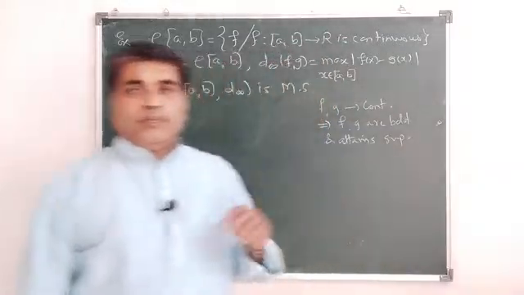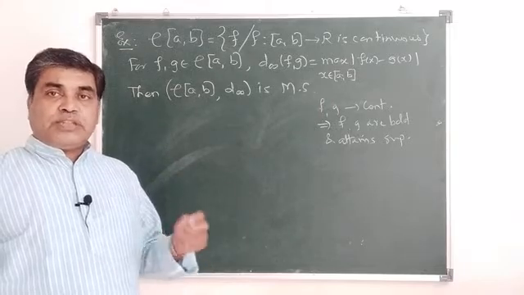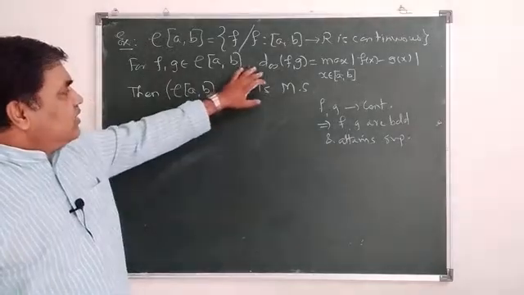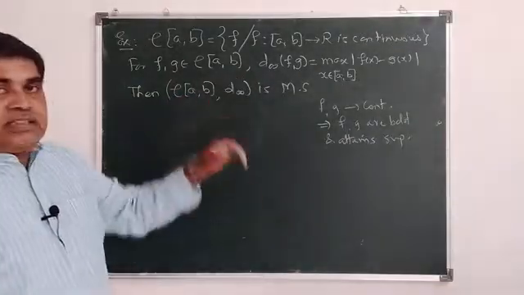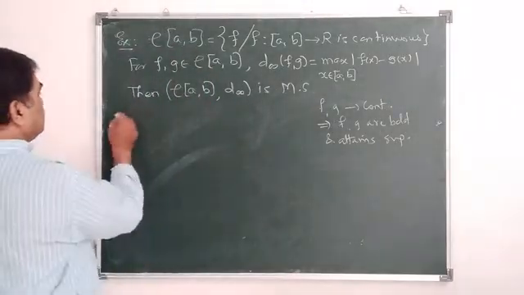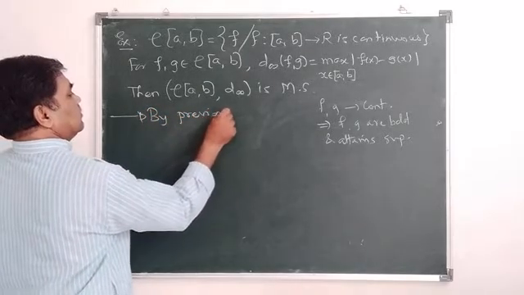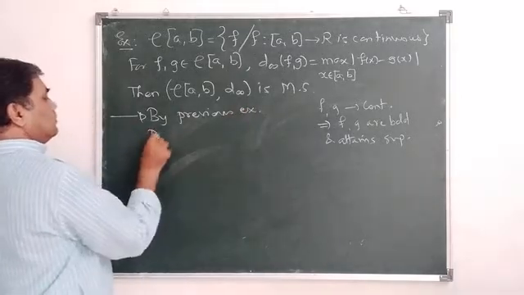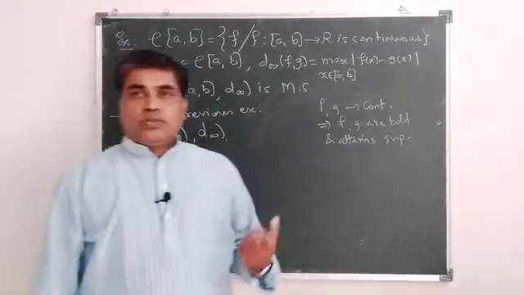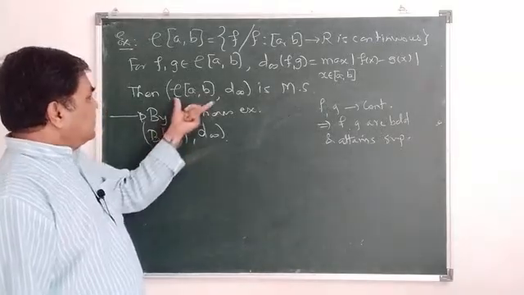And what we have done for the previous example, that is, Bx with respect to d infinity is a metric space, we'll do the same thing to prove that CAB with d infinity is a metric space. So using that solution, we'll easily prove that this is a metric space.